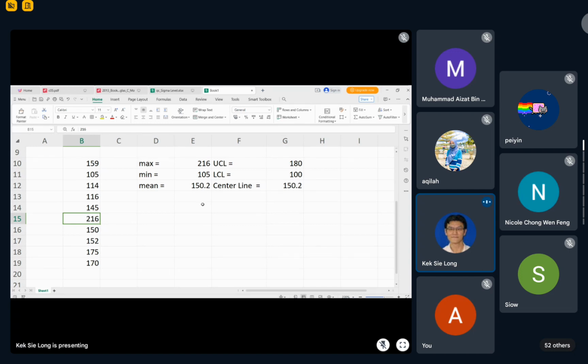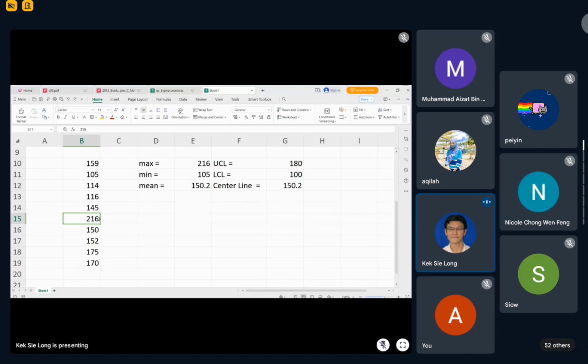because of 216, the mean shifts. Just now, what is the value? 140. Okay, the original mean is 140. Because we have 216, this value makes the mean of 140.2 shift to 150.2.